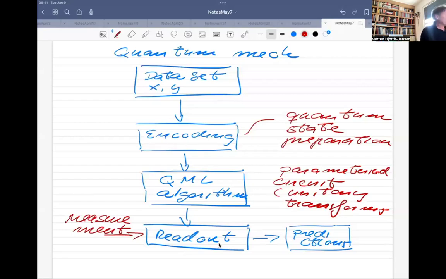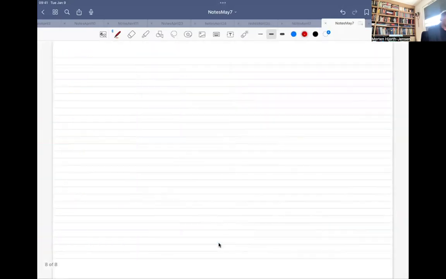Now, if we look at the problem from another point of view, what we are going to deal with is something called a parameterized quantum circuit.